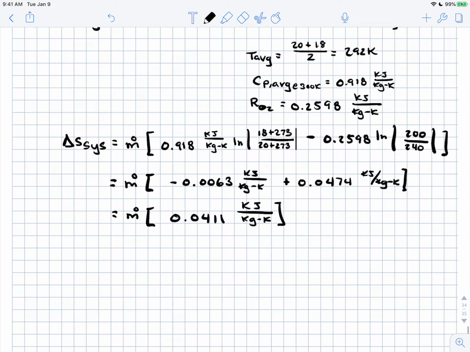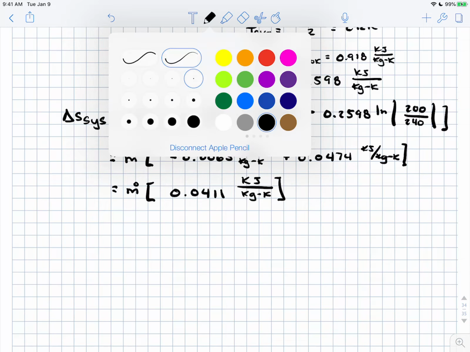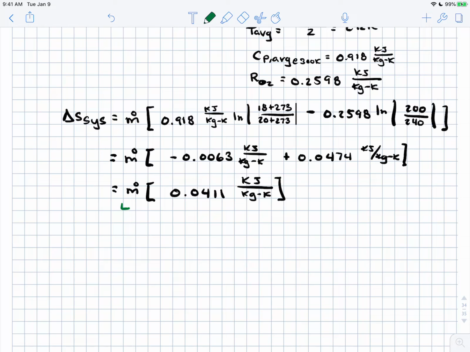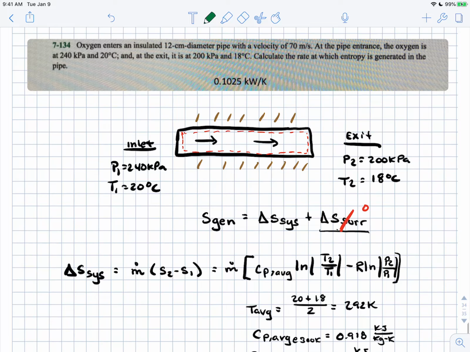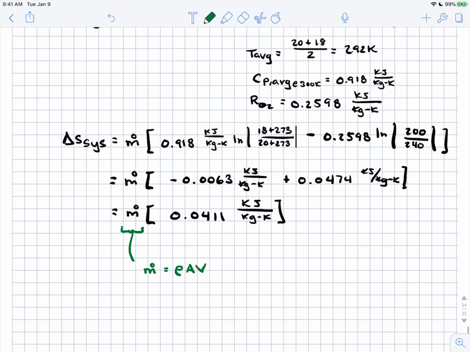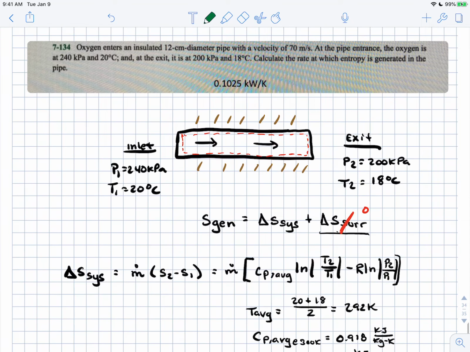So let's calculate the mass flow rate for this stream. The mass flow rate of our fluid is density times cross-sectional area times the average velocity. Our density of oxygen, we don't know right now.